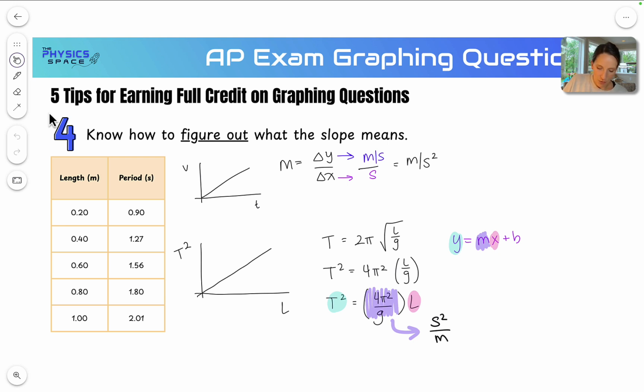And the unit of our slope, the period squared over L, would also be seconds squared over meters. But you may look at seconds squared over meters and not immediately identify what that is a unit for, and also you'd be missing out on the 4 pi squared part. All right, so that is how we can figure out what our slope means.